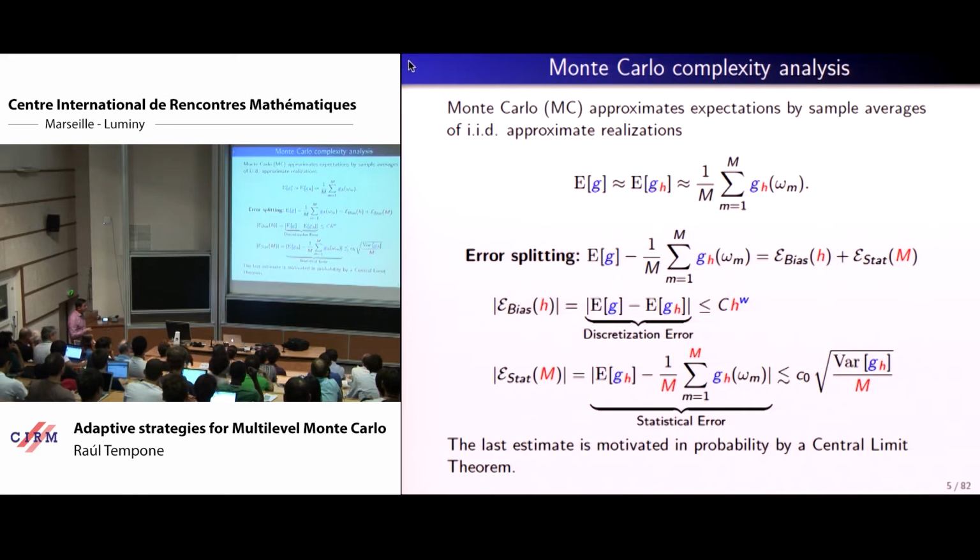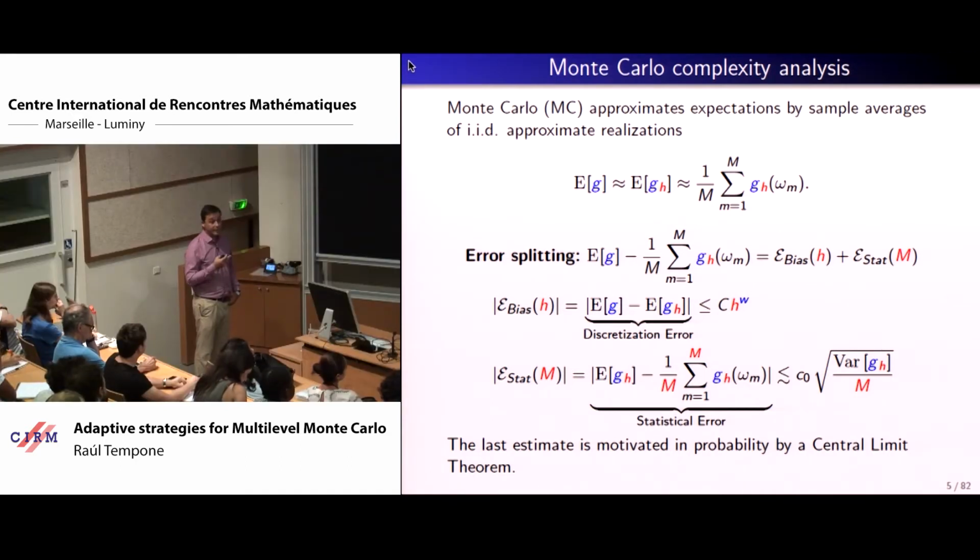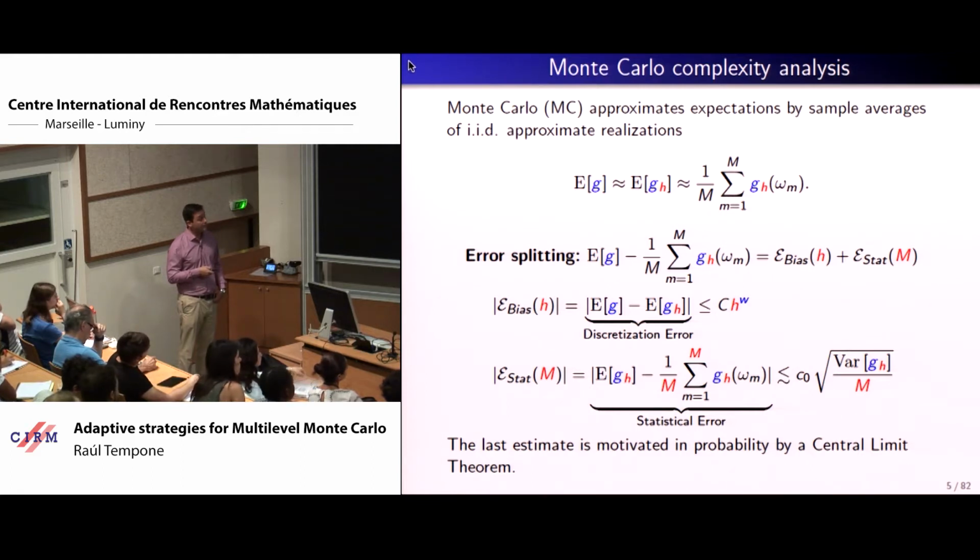But in the examples that we're going to visit, this variance is going to be bounded uniformly with respect to H. So two sources. One is governed entirely by H and converges algebraically with respect to H. The W here is determined by the numerical method that you use and the regularity of the problem that you're solving. And this M comes very robustly into this analysis. We only need to ensure that this variance is bounded, essentially.